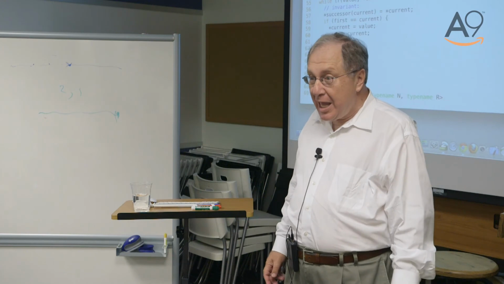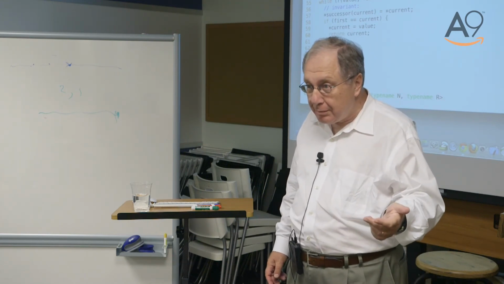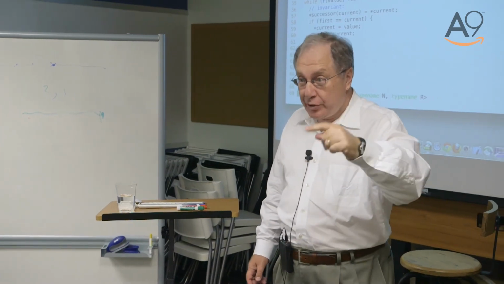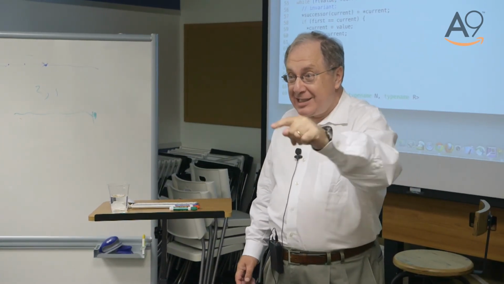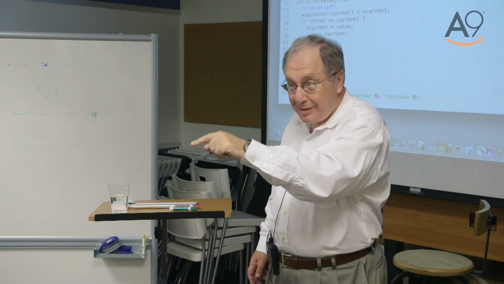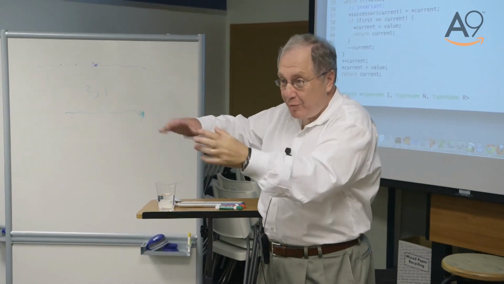Could I do it? It could be done with how many lines? One line. It is literally one line. Because you say std swap, star first, std min element, first, last, or whatever.